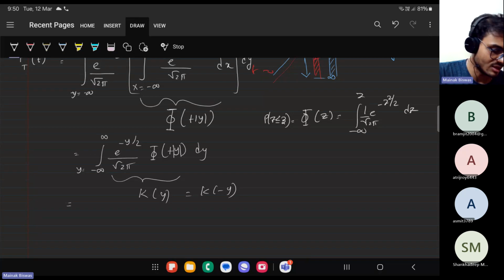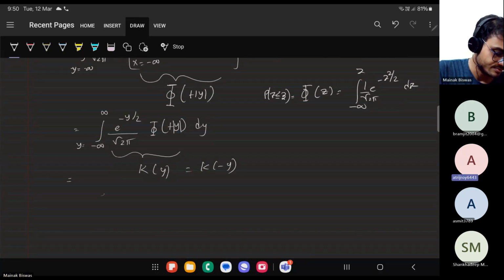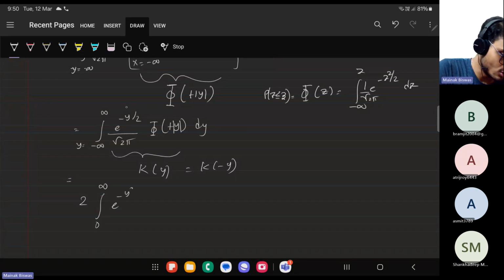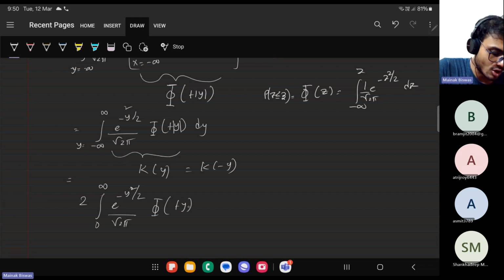Why? So Krish, tell me. That phi z equals 1 minus phi of minus z, that you use. So it will go from 0 to infinity, 2 times, since it's an even function, e to the power minus y square by 2 by root 2 pi. And I can just write phi of ty instead of mod y, yes or no?